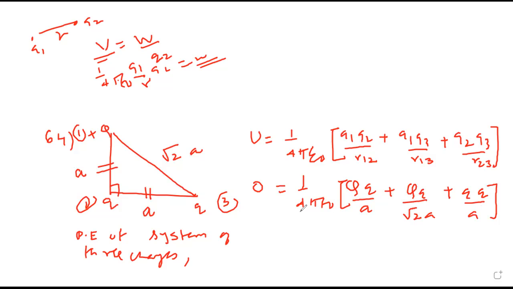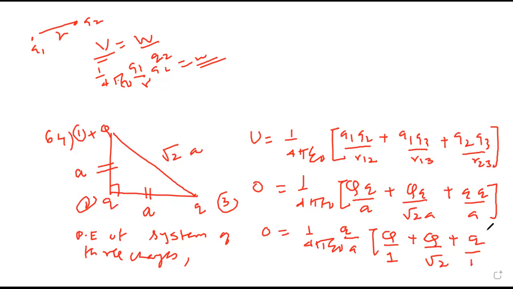So throughout a I can bring it outside. Small q also can be brought outside. So 1 upon 4 pi epsilon naught, small q outside, a outside, inside it will be Q by 1 plus Q by root 2 plus small q by 1.